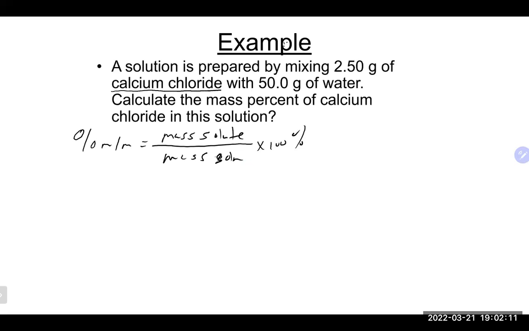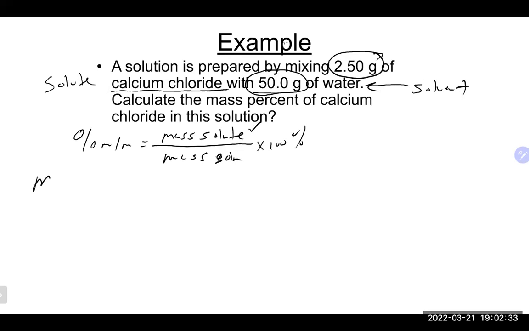It's the calcium chloride. It is the smaller part, right? So this would be our solute. 50 grams is the larger part, which means our water here would be our solvent in this case. That means we have the mass of the solute given to us, but as we were talking about earlier, we want to add both of those together.